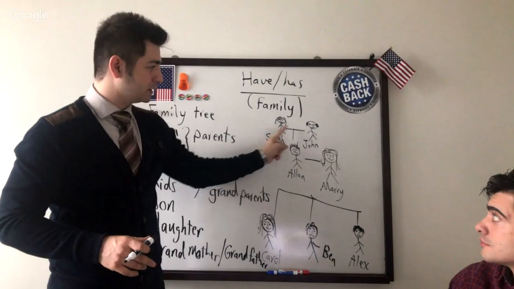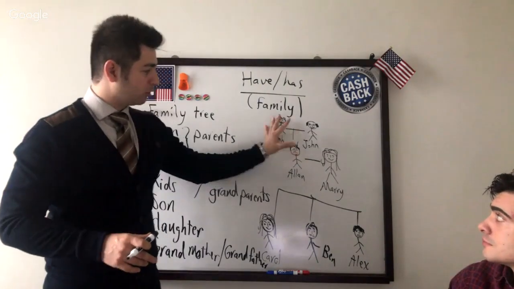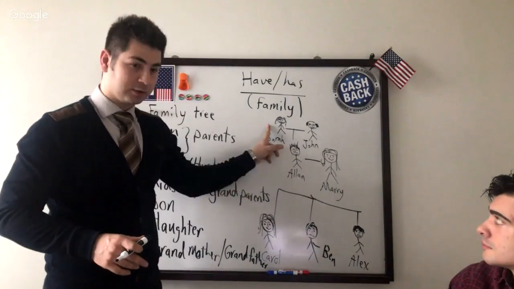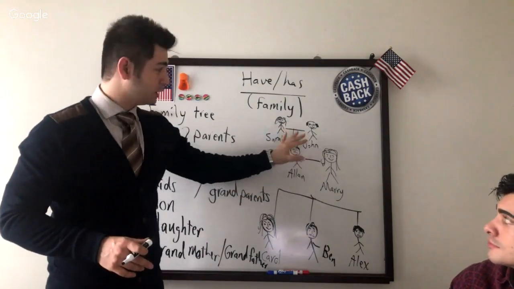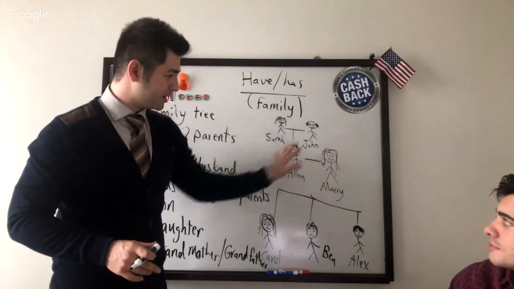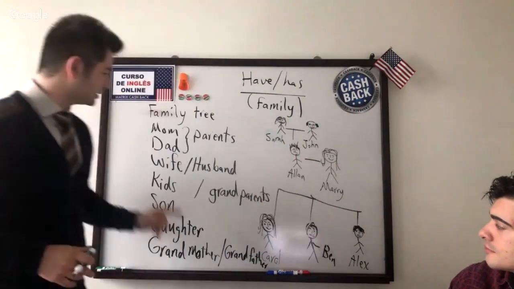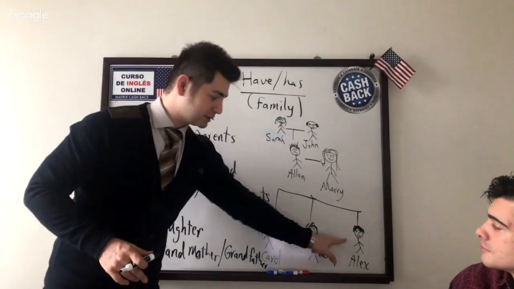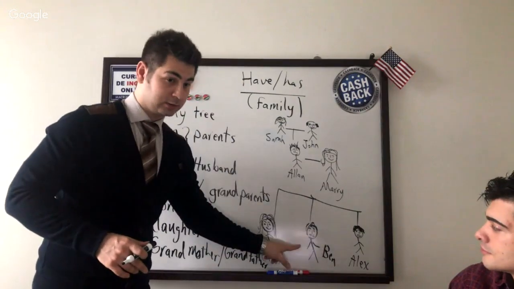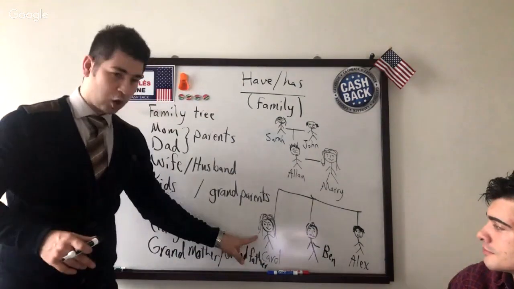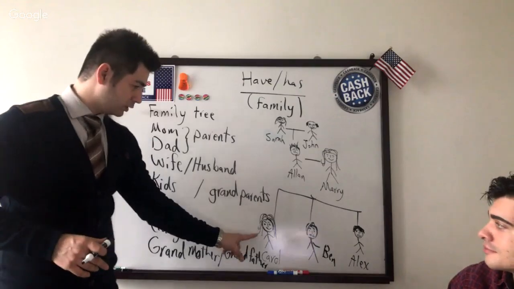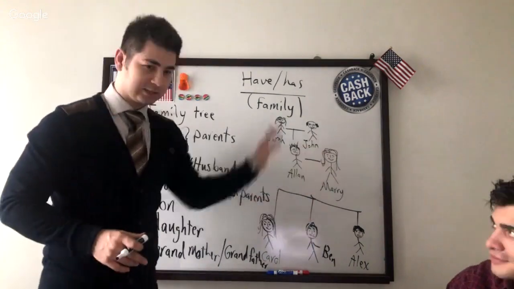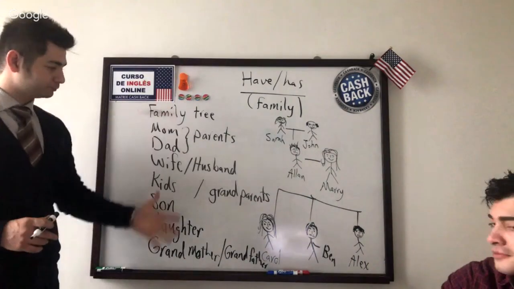Mom, dad, grandmother, grandfather, grandparents, parents, children, kids, sons, daughter, and this is my family. Family. So we've got the words on the board.